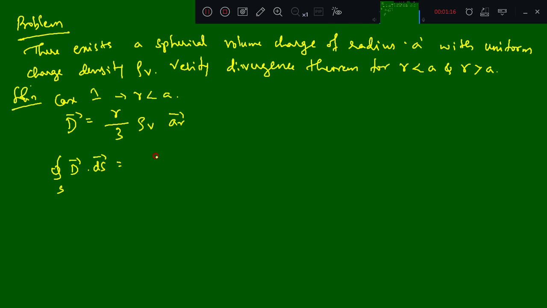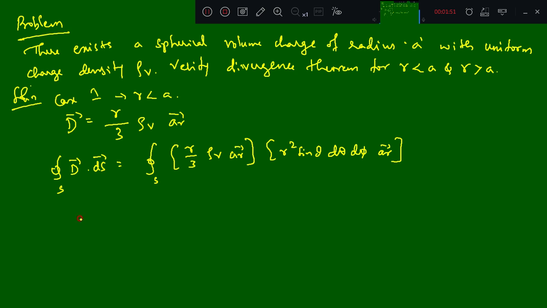D is r divided by 3 rho V into a_r. Then dS we know, we have done so many times, is r square sin theta d theta d phi in the direction of a_r. So a_r into a_r becomes 1.